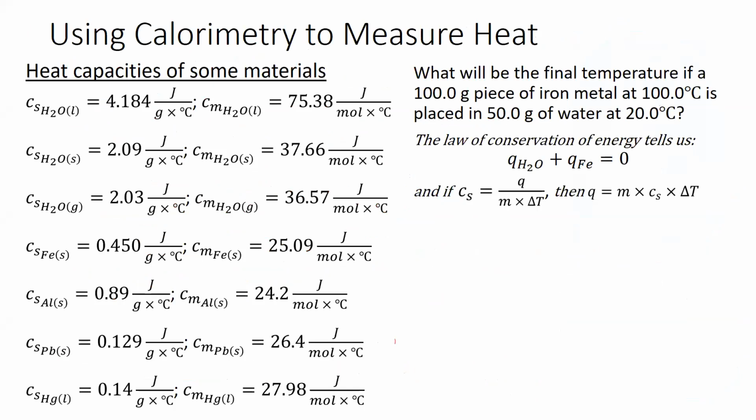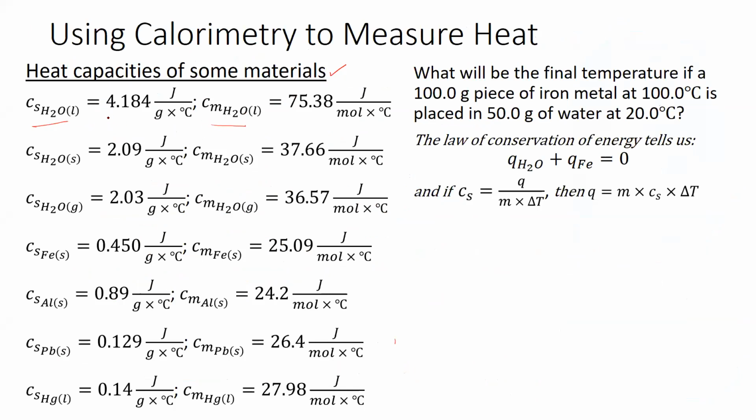So the way we can use this now is, first off, we know some things about heat capacities of various substances. You can see we have some materials here that have heat capacities. For water as a liquid, we've got its specific heat capacity and its molar heat capacity.